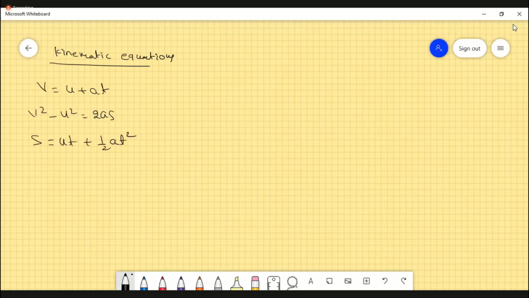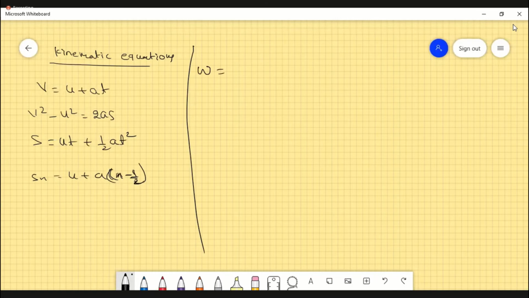And s nth equals u plus a into (2n minus 1) by 2. Yes, sir. So in rotational motion, you tell me now. v is the final velocity, we write omega.